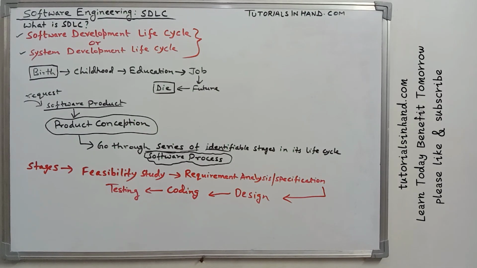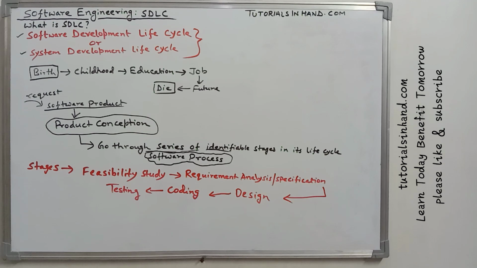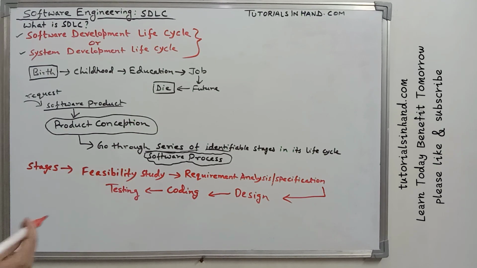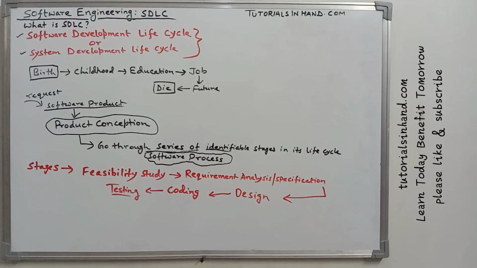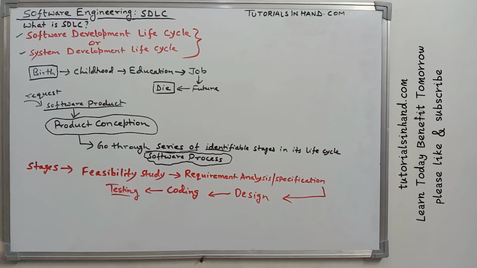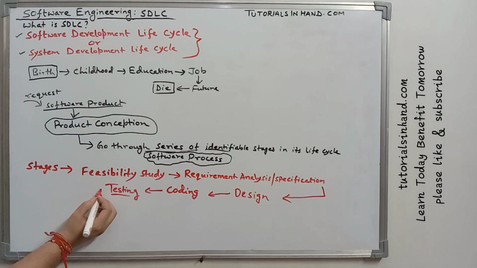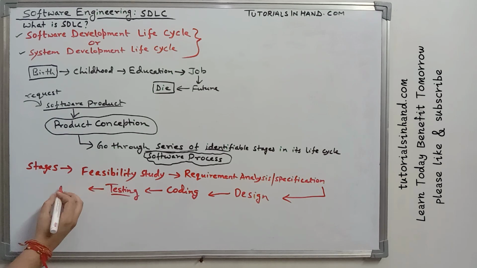Different kinds of testing will be performed, like unit testing, integration testing, and different kinds of testing which we will come to know in the later part of the tutorials that we will create in future. Once coding and unit testing is done, we will have integration and system testing, which is also part of this testing. Once this is done, the product is handed over to the person or the company who requested the product.